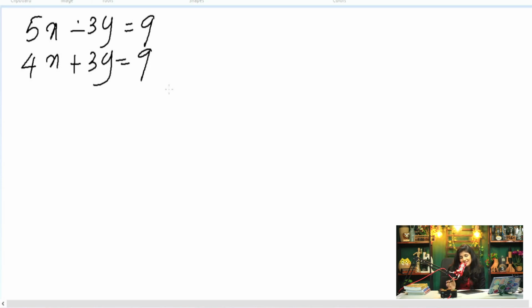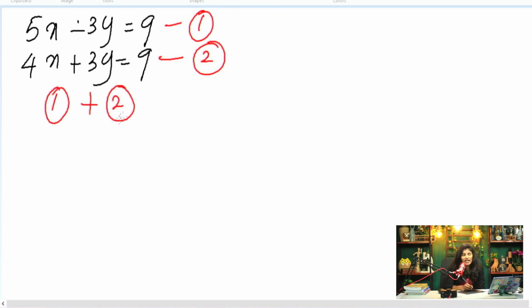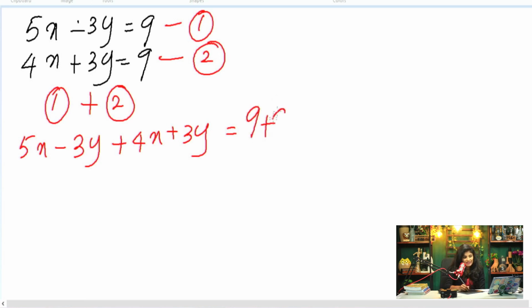If the symbols are different, yes, we have to add. This is equation number 1 and this is equation number 2. Now I am going to add equation number 1 and 2 together. So 5x minus 3y plus 4x plus 3y equals, adding the right hand sides together, 9 plus 9.